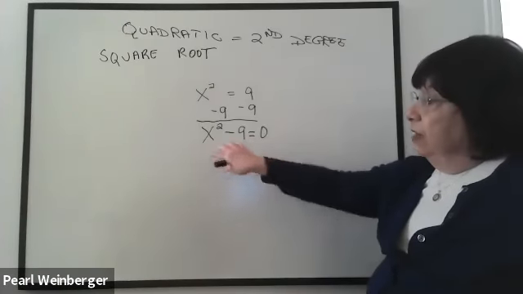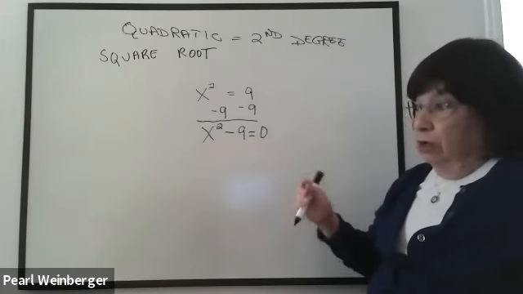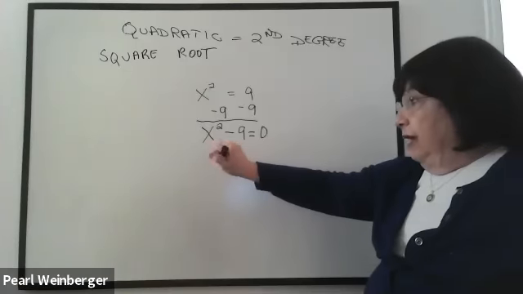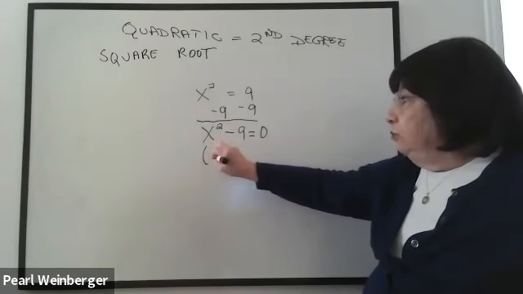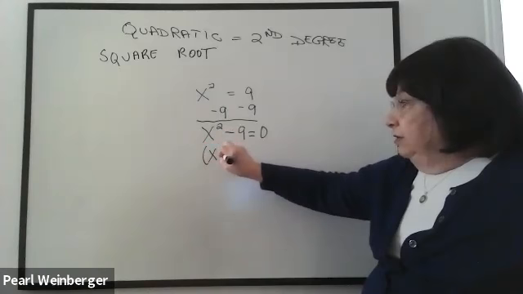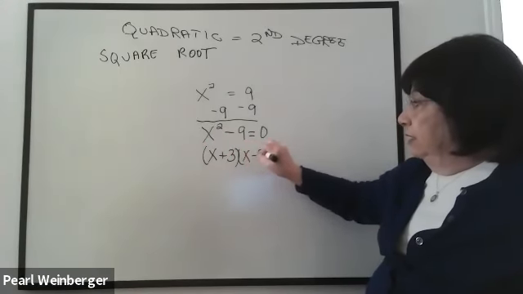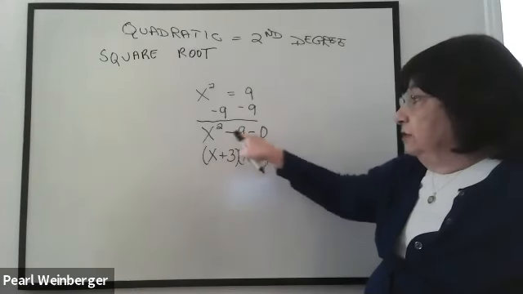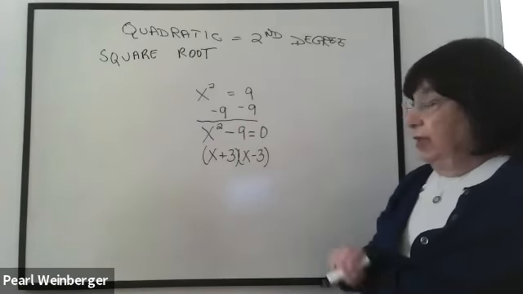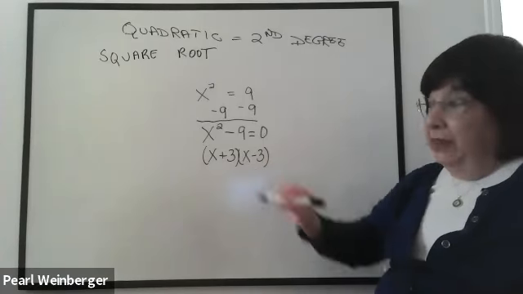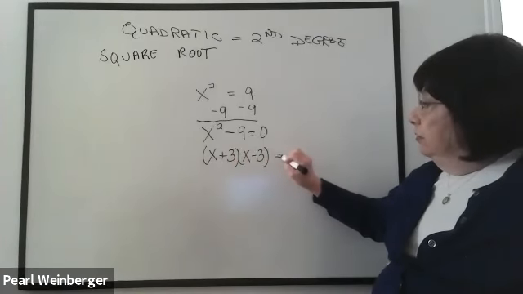Okay, how do we solve this quadratic equation? Well, we know how to do this. We factor, just like we did before. X squared minus 9 is x plus 3 times x minus 3. This is called the difference of squares. So we get the 2 binomial conjugates.